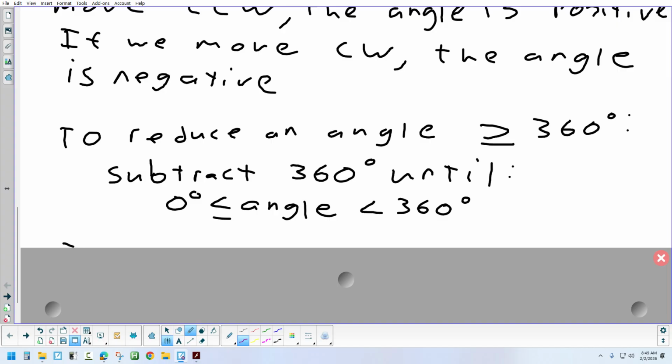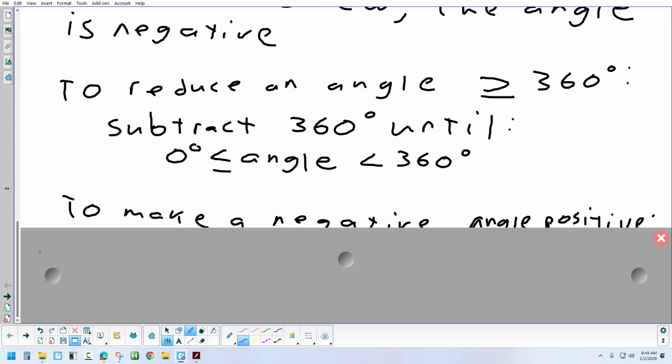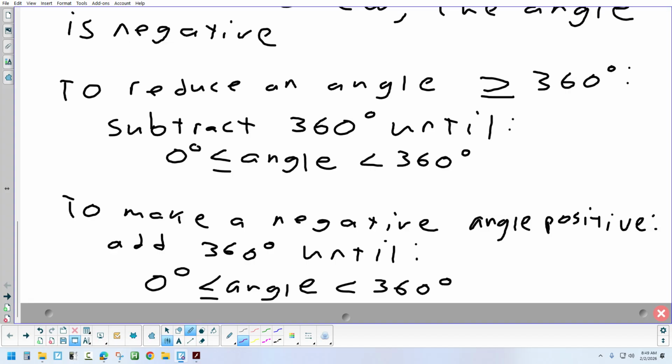So if you have an angle that is greater than or equal to 360, you can subtract 360 as many times as you need to until you get the angle between 0 and 360. Okay. Same thing if you have a negative angle, you can add 360 as many times as you need to until you get it between 0 and 360.